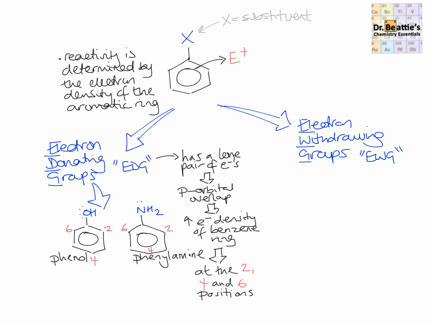Now because of this, electrophiles, the E+, will either be substituted on these positions 2, 4, or 6. Now sometimes they will only actually substitute one of those positions, so there might be the 2 or the 4 or the 6 separately. Sometimes 2 positions are substituted and sometimes 3 positions are substituted.